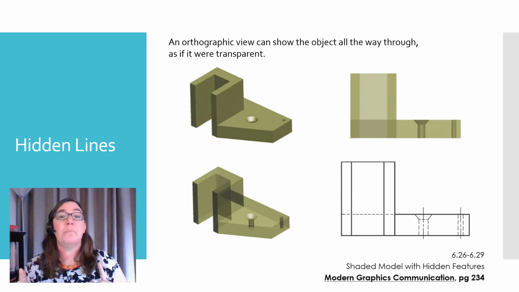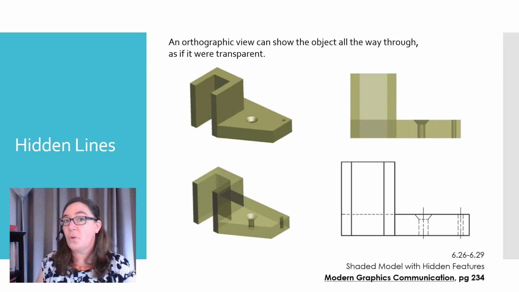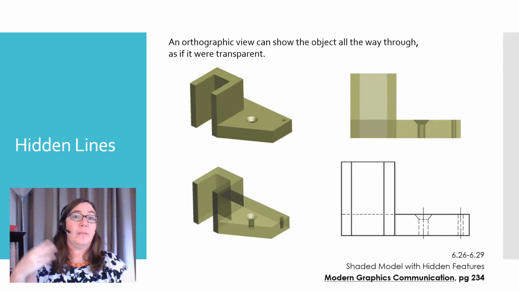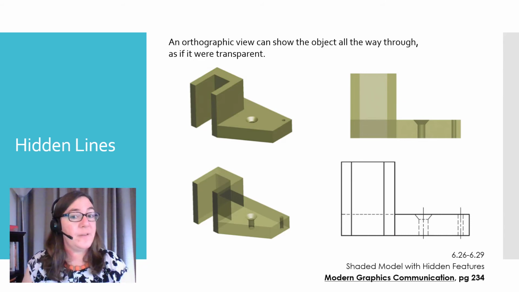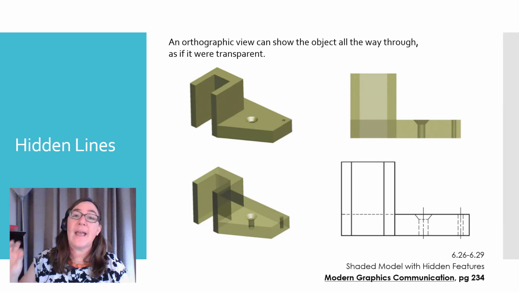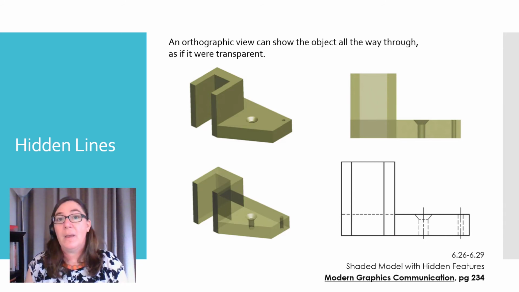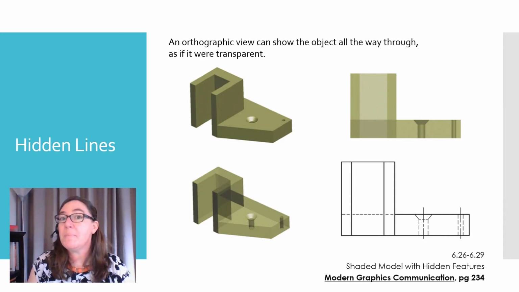And finally, in the bottom right corner, this is how we would draw this front view of this object using the solid object lines for any edges that are visible, and using the dashed hidden line type for anything that would be hidden in a solid object.